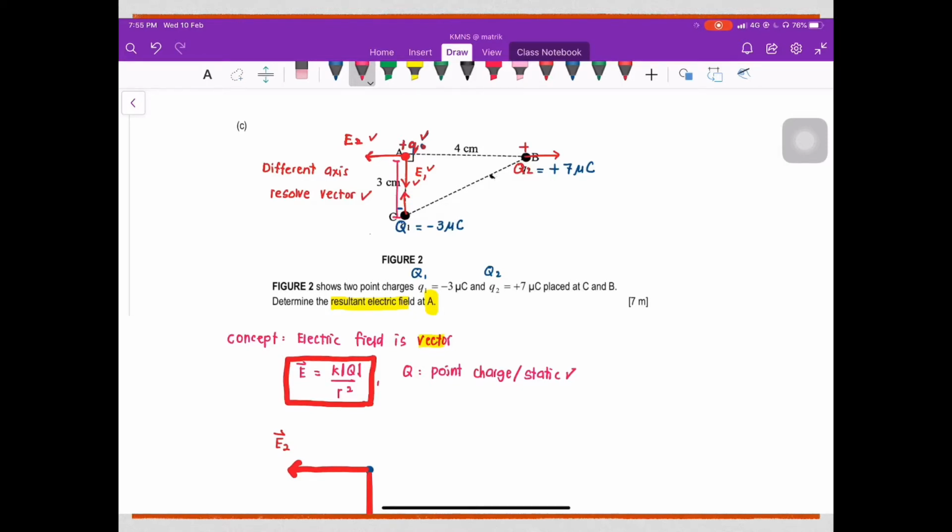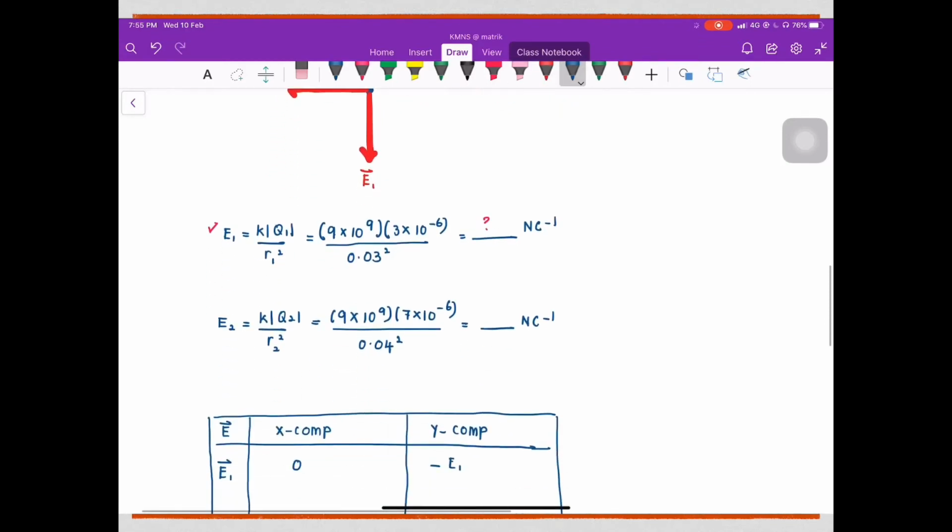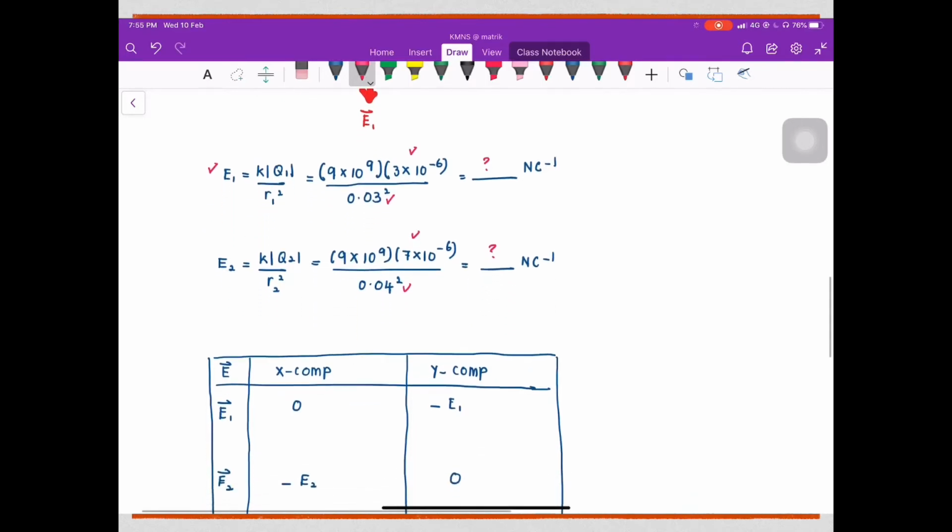The distance here is from point A to Q2. This is R2, this is R1. So substitute all the values here, R1 and R2, Q1 and Q2, then get the answer.